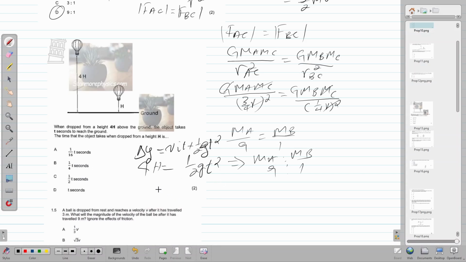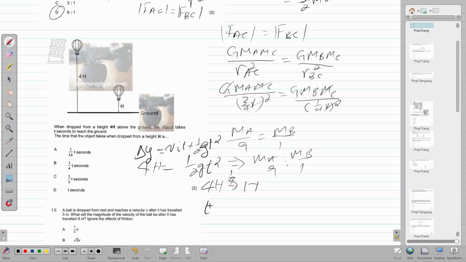So now we want the time it takes when dropped from h. Note that displacement is directly proportional to the square of time. So from 4h to h, we reduce the displacement by a quarter.